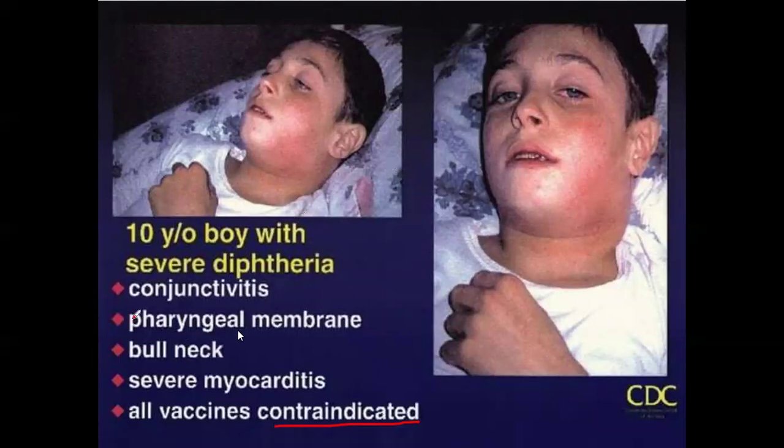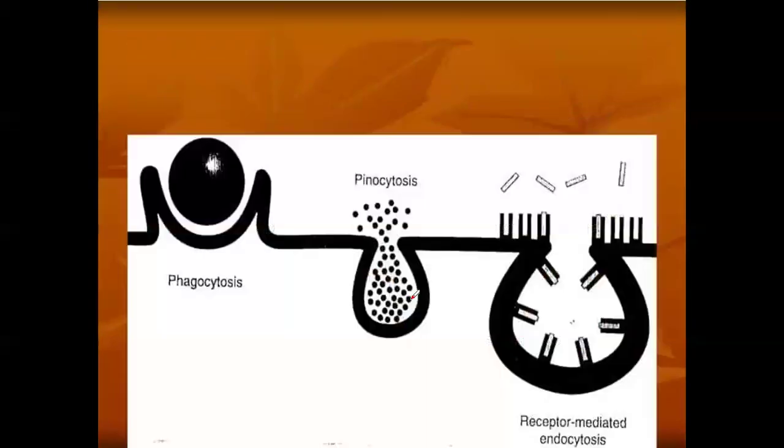So you can imagine this person is having conjunctivitis, bull neck, myocarditis, then you give them a toxoid. You can imagine the problem you're giving him, especially on his immune system. You can imagine the immune response in this child is going to be very, very heightened, and it will produce worse symptoms than these.